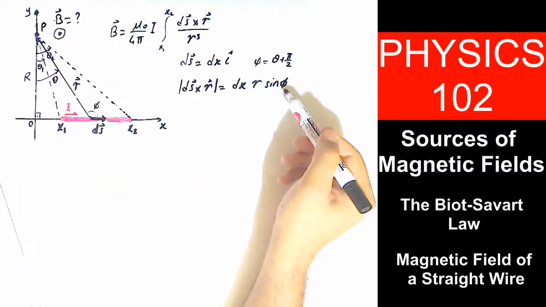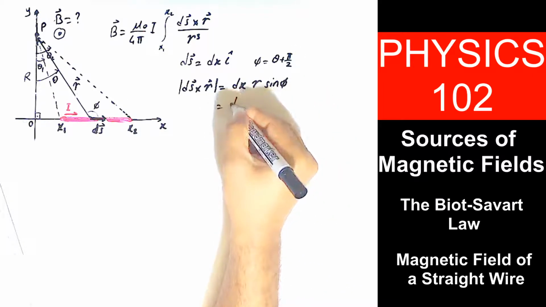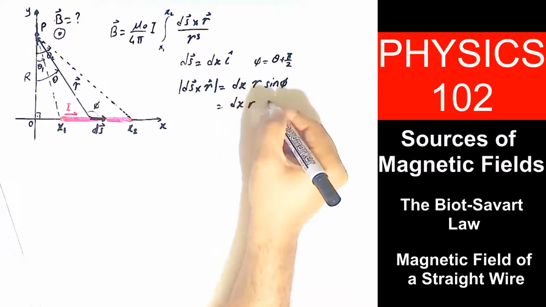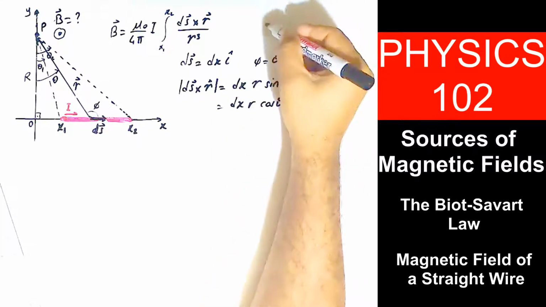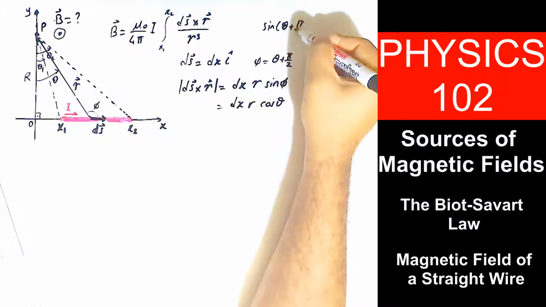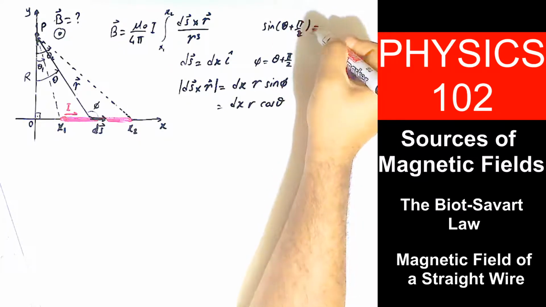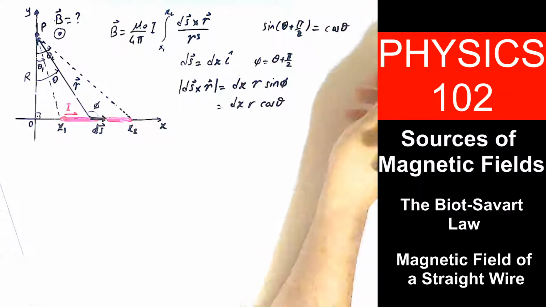I want to just convert this phi to be theta. So it turns out to be dx times r times cosine theta, because sine of theta plus pi over 2 is, by using the trigonometric identity, which you can just check, nothing but cosine theta.